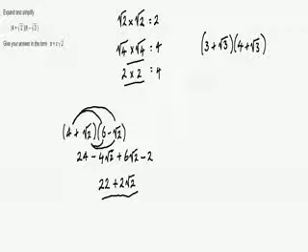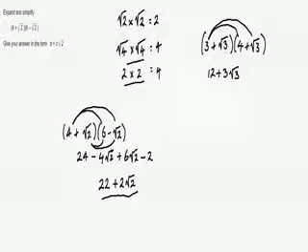Everything is going to get multiplied by the 3. So 3 times 4 is 12. Now 3 times root 3, because they're all pluses, is going to be plus. So 3 lots of root 3 is 3 root 3.